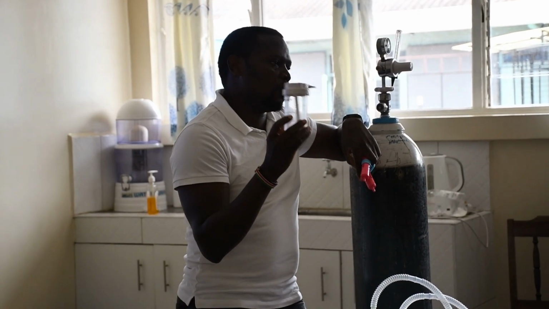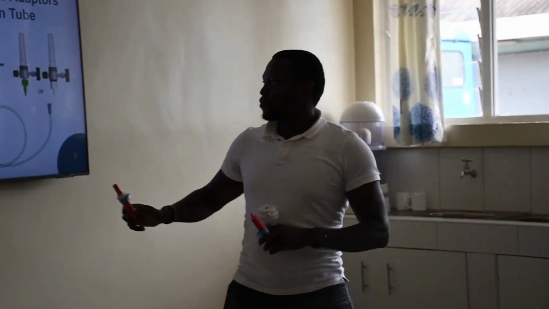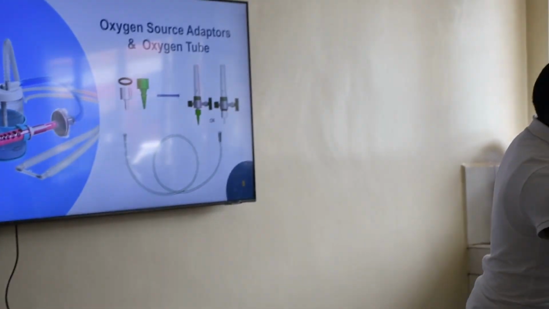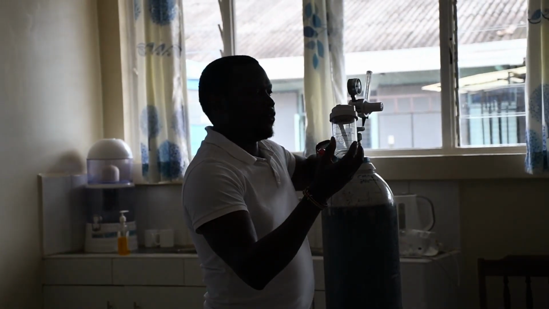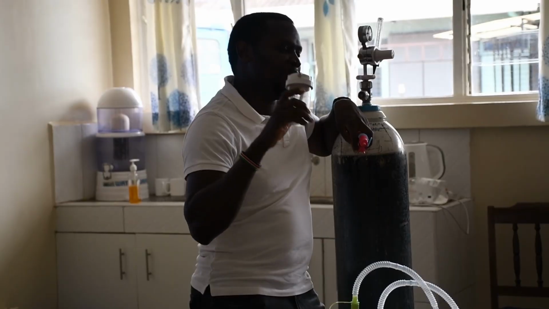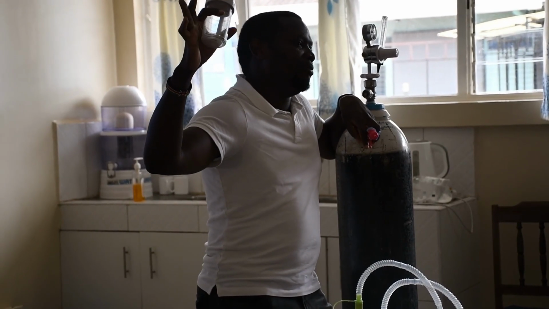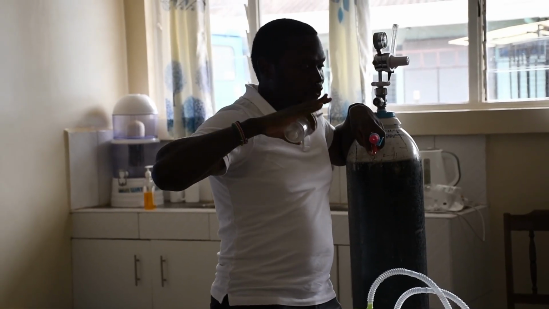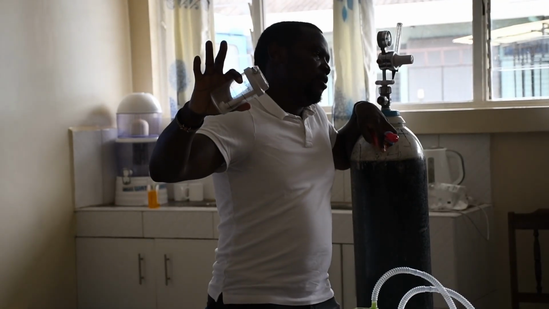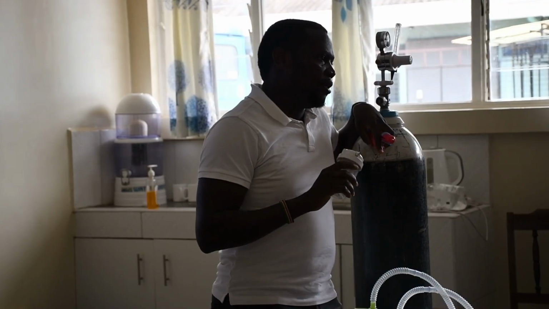The reason is that you're already going to have humidification within the system. Also, most of these humidifier bottles have a lot of leakages, and within this system, the moment you have a leakage at any point, it might not function well, or it might not function at all. So you want to minimize that as much as possible.